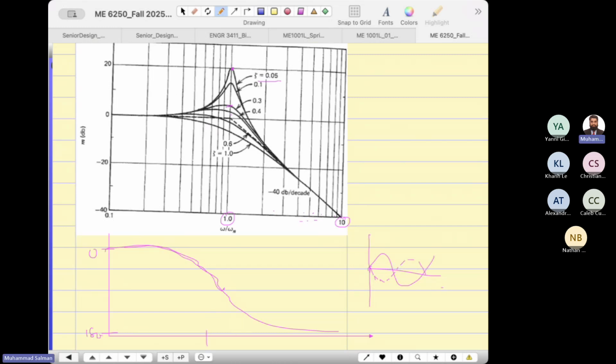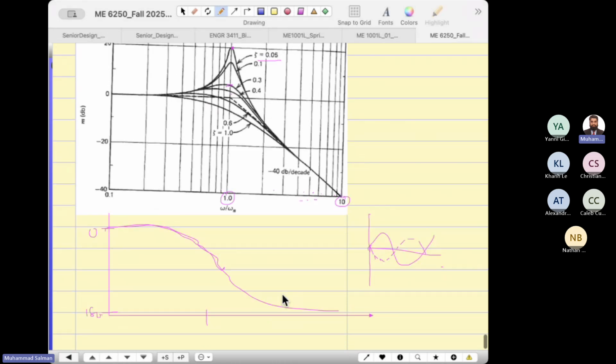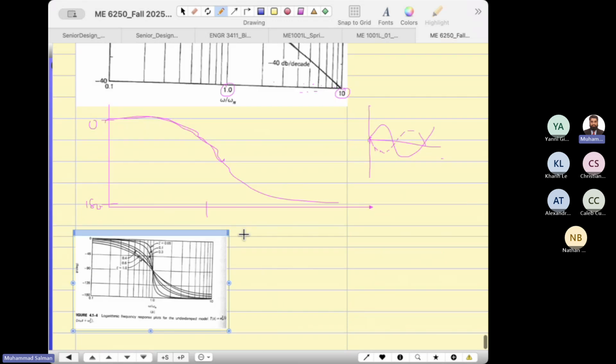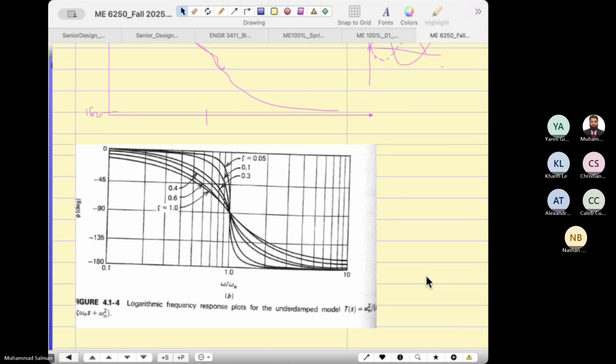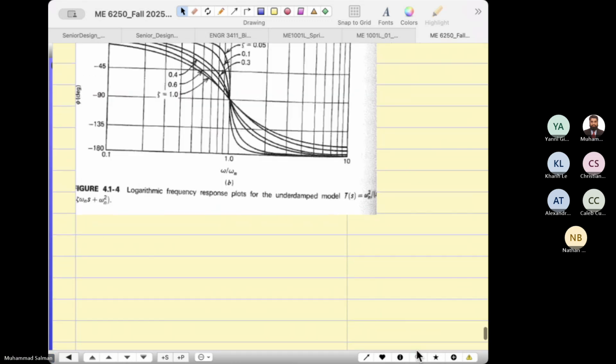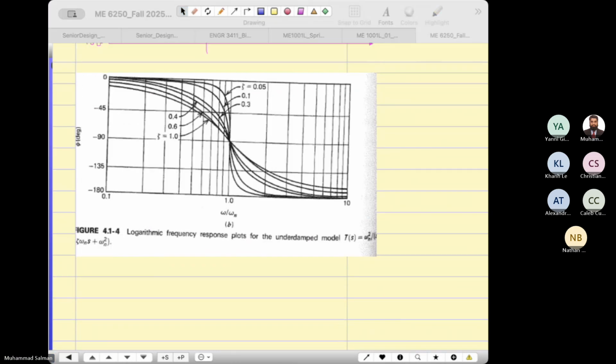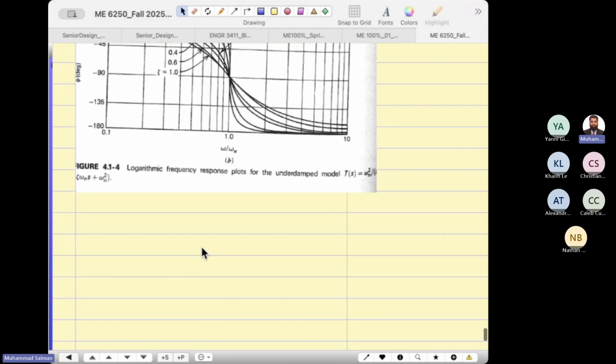From the phase angle you can easily judge where the angle is changing. Wherever the angle is changing from 0 to 180, that is where resonance occurs. Then comes the next topic about resonance and the bandwidth.